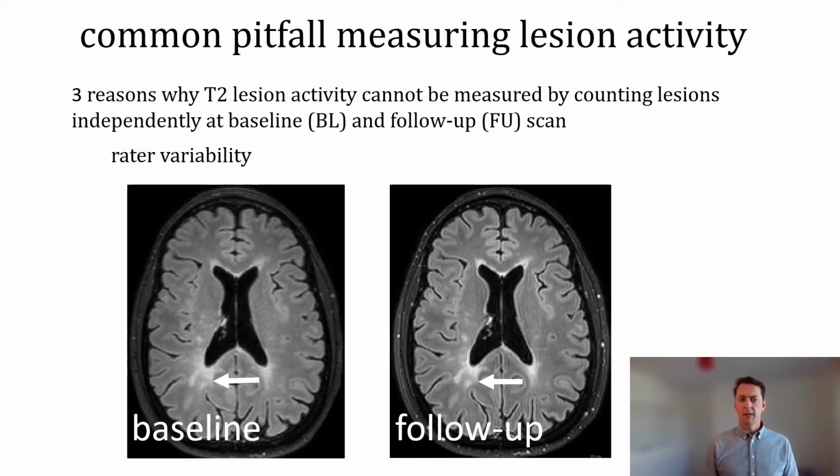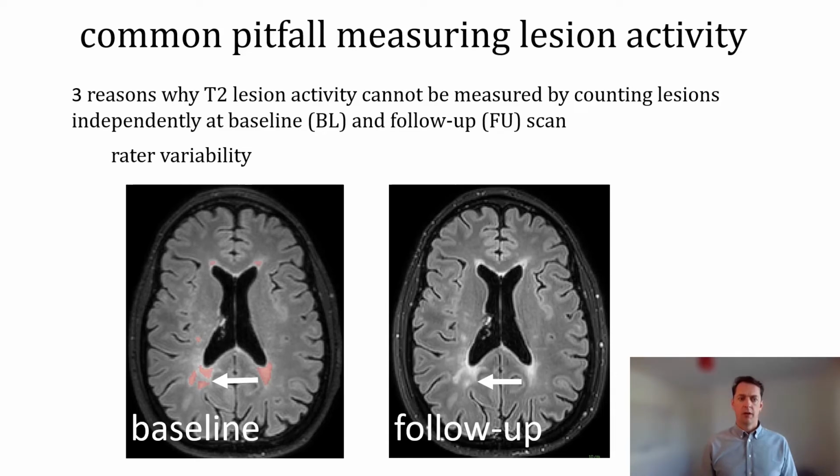What do we mean by that? Here we see an example of a large confluent lesion at baseline and at follow-up. You probably would agree that there is not really a big change or difference in the lesion between baseline and follow-up. However, in that case, an experienced rater counted the confluent lesions at baseline as 3 independent lesions. 1 year later, the same rater, without looking at the baseline scan again, counted the lesion at follow-up as 1 bigger confluent lesion.